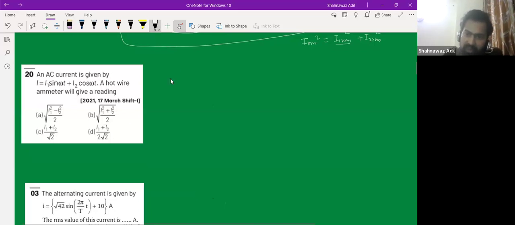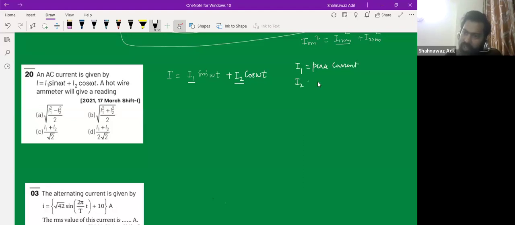So we have I, which is I1 sine omega t plus I2 cos omega t. What are I1 and I2? Can you tell me? What is I1? This is the peak current, right? And what is I2?